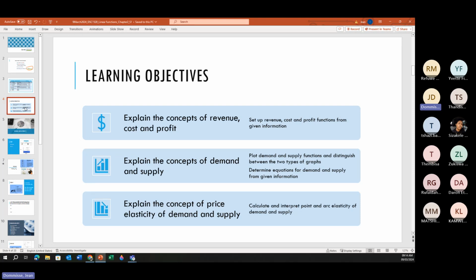The same when we get to demand and supply. You will not need to plot anything, but you will need to be able to draw it on the side to say what can happen.